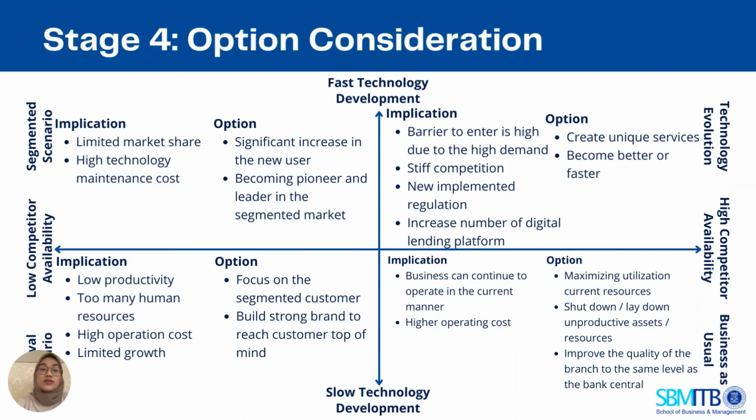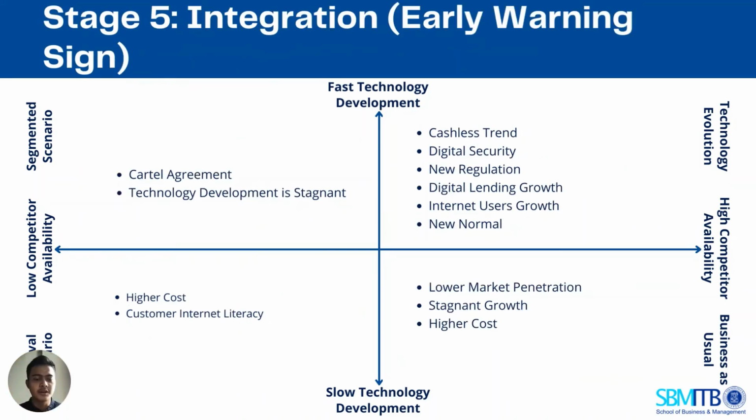However, there are also implications for this scenario. The barrier to enter is very high due to the high demand and high services. The stiff competition will lead to newly implemented regulations and an increased number of digital lending platforms, which further increase the competition in the industry.